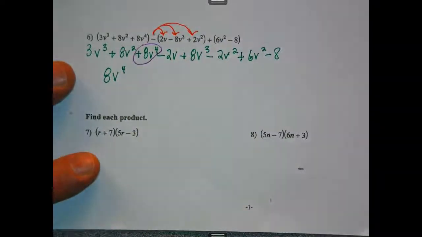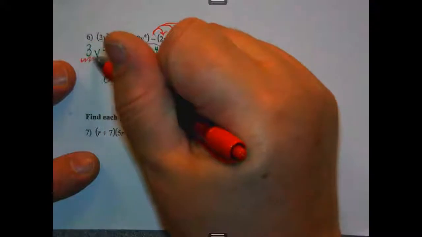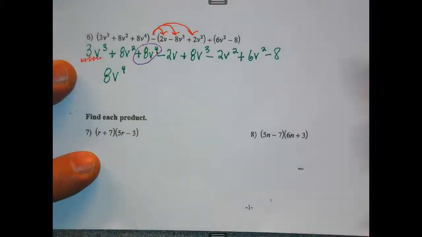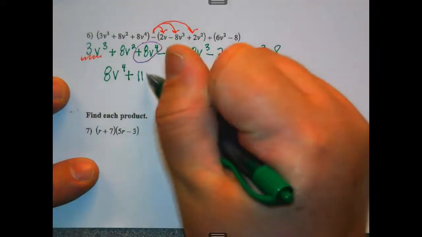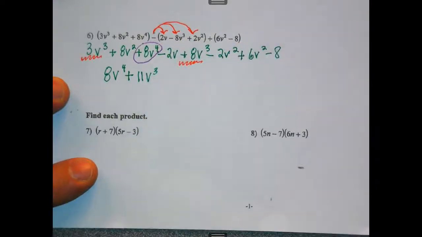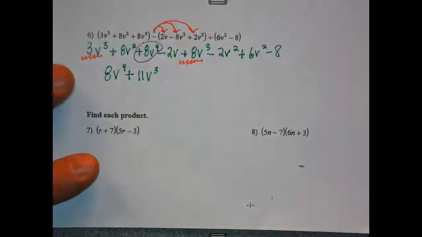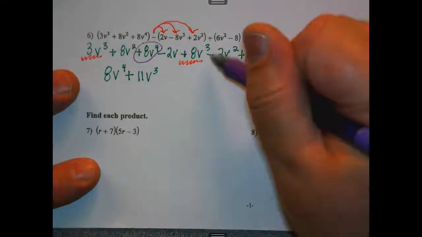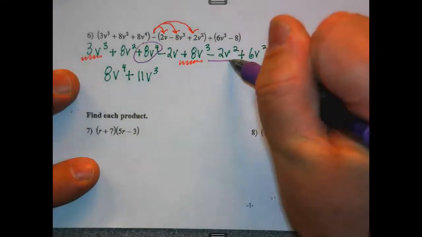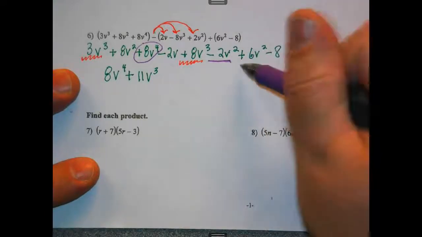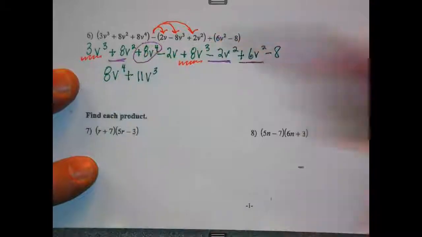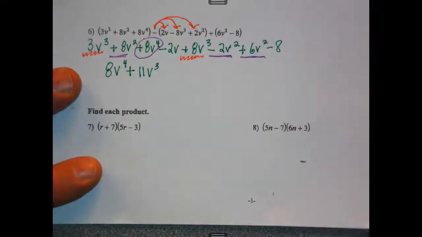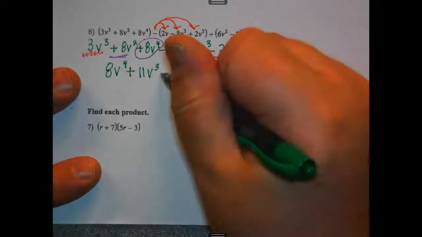My v to the third: 3v to the third, 8v to the third, 11v to the third. My v squares: negative 2v squared, positive 6v squared, and positive 8v squared is positive 12v squared.